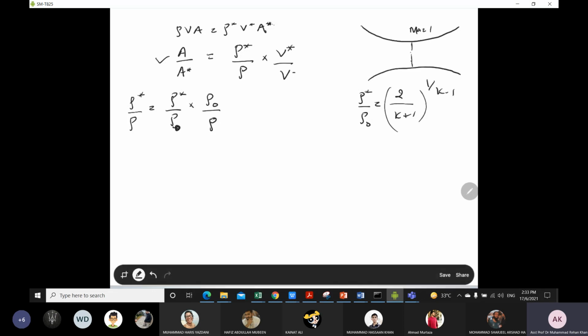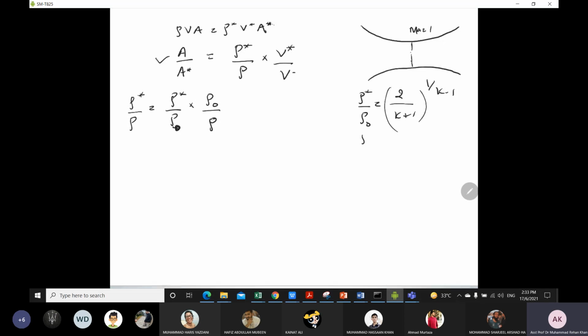We already saw this equation in the previous slide, and rho naught over rho we already know is (1 plus (k minus 1) divided by 2 Mach square) to the power 1 divided by k minus 1.